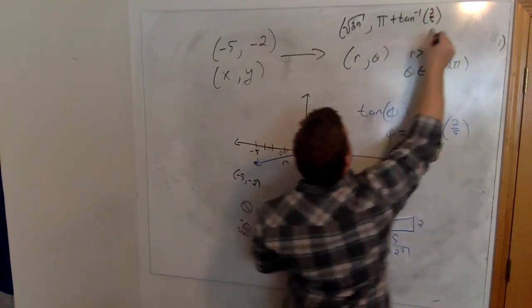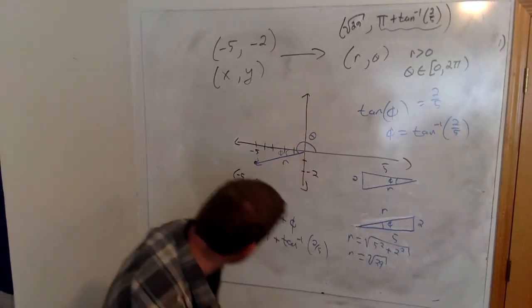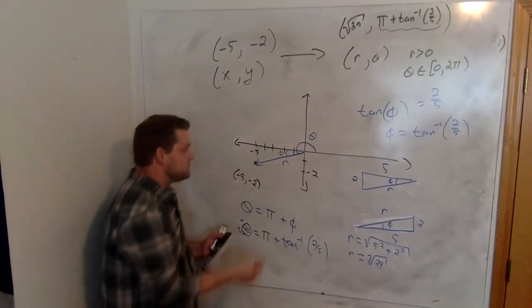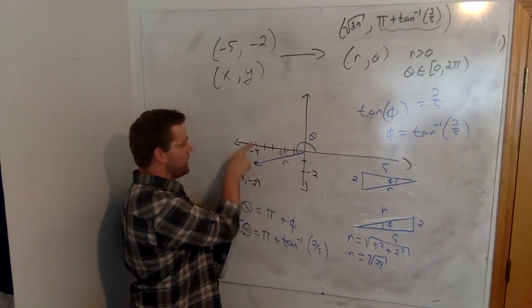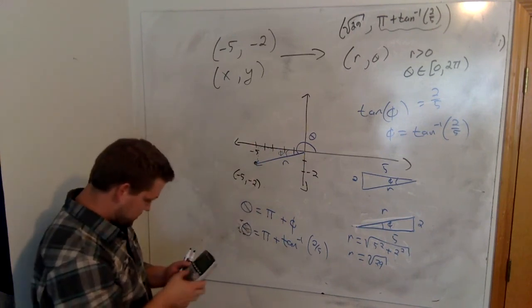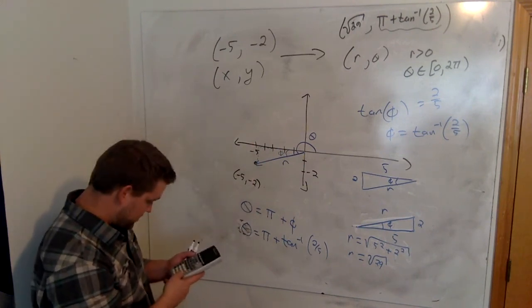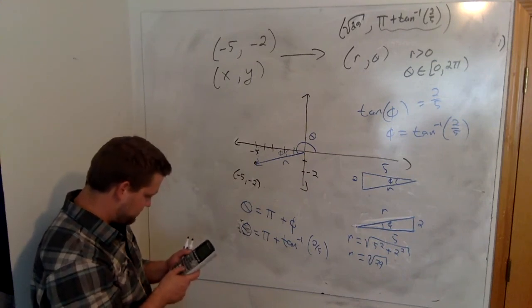Okay, but let's get a rough feel for what this number is. In terms of radians, halfway around the circle is like 3.14 radians, so this is going to be something bigger than 3. So let's do pi plus the tan inverse of 2/5.